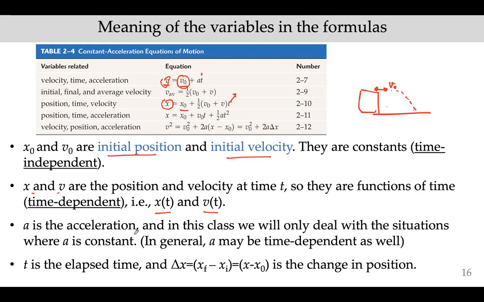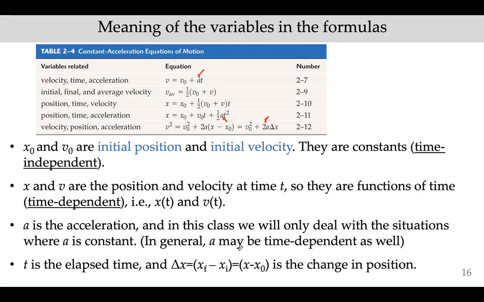A is the acceleration. You can see A enters in this equation and also here and also here. And in this class, we will only deal with the situations where A is constant. We will only deal with the problems where acceleration is constant.